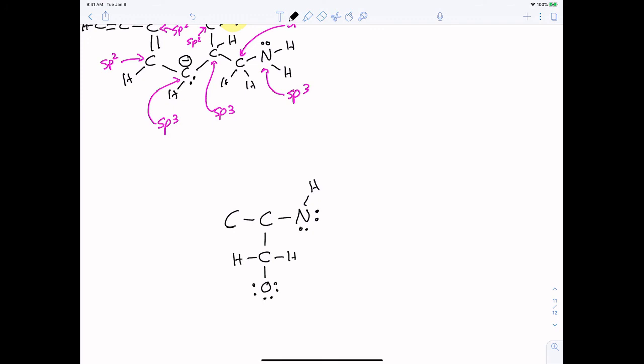Doing very good at drawing geometry on this one. This carbon that I just drew there, that I put the 2 hydrogens and the oxygen on, would be tetrahedral. And I don't know, that'll work.